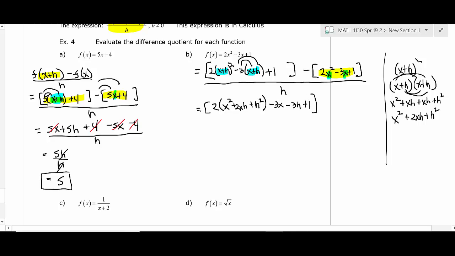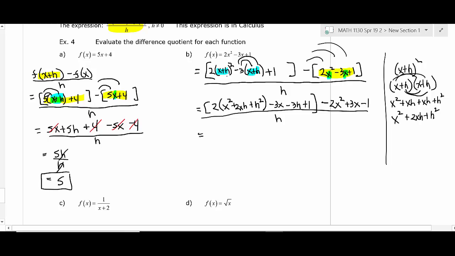Just step by step, putting everything together. What does the minus do to the second thing? It changes all the signs. So when you distribute that through, that's going to give minus 2x squared plus 3x minus 1. I'm doing real fundamental algebra that you want to know and review as you need to.